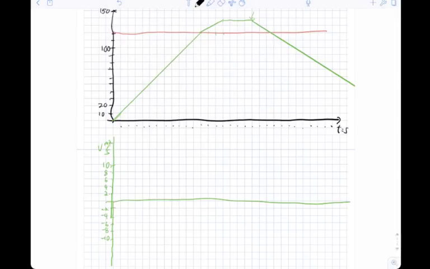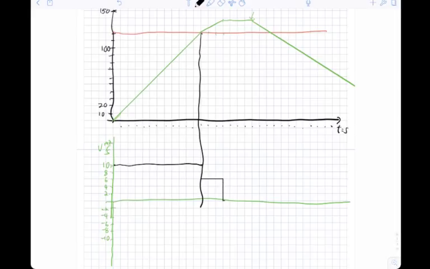So for the first batch of time, it's going at plus 10 meters per second. And then it goes at plus 6 meters per second for 3 seconds. And then it's 0 for 4 seconds.